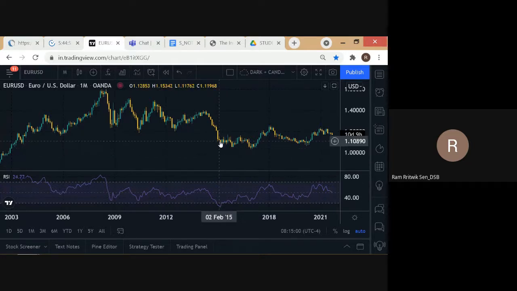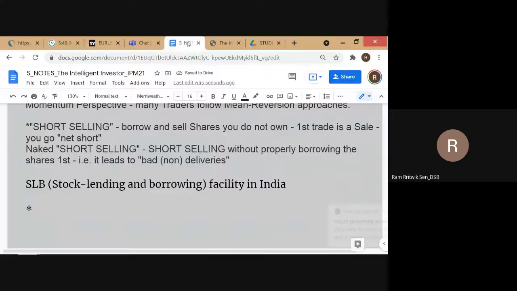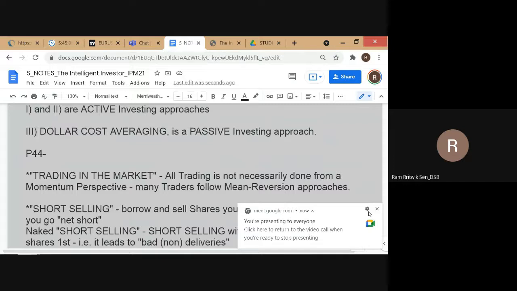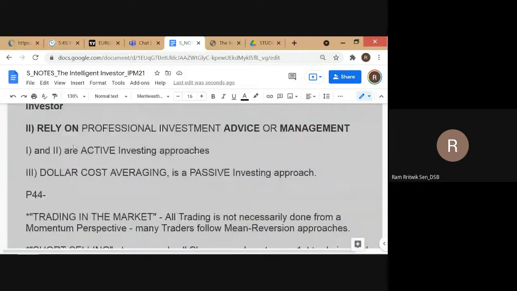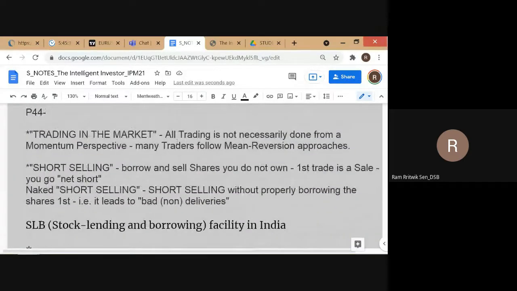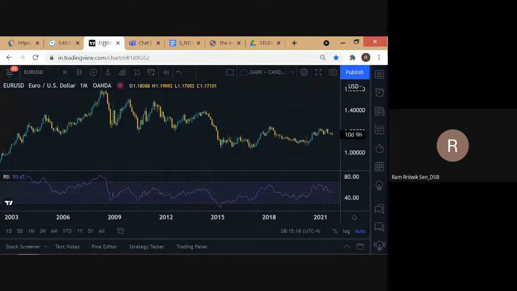So what I was trying to show you is bearish divergence being used by traders, in response to his statement that not all trading is done from a momentum perspective. Here is the euro.